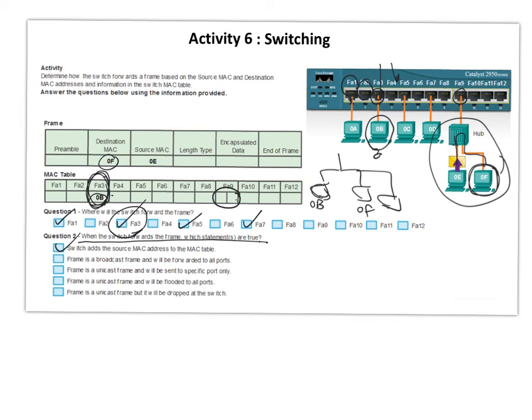Be careful. The frame is a broadcast frame. What does that mean? This means if the frame is a broadcast frame, then the destination address is all F. But is the destination address all F? No, the destination address is 0F. It's not all Fs. So it's not a broadcast frame at all. Next, the frame is a unicast frame and will be sent to a specific port only.